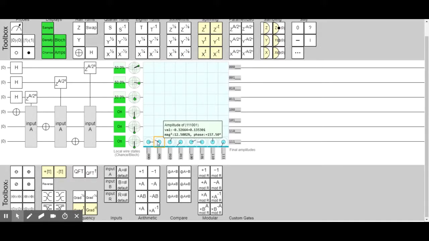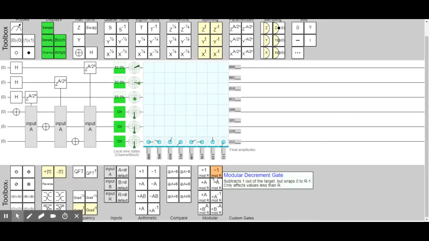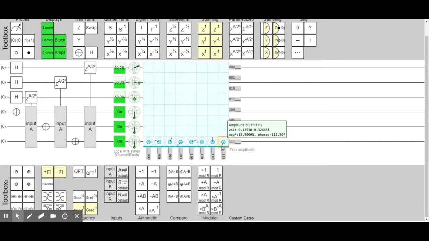What I wanted to show is which are the ones that matter though.